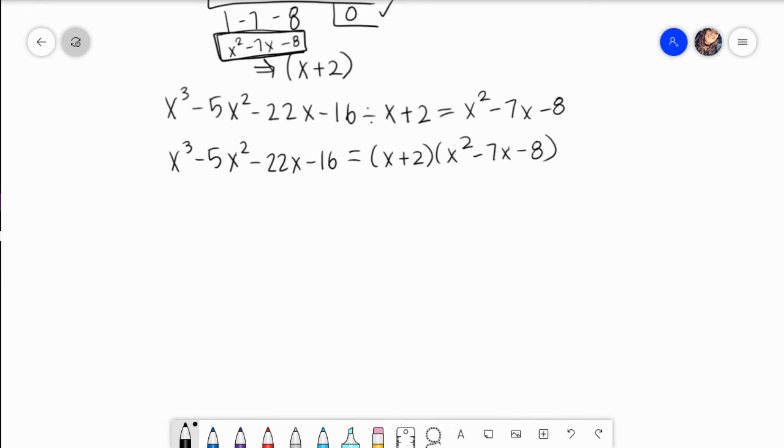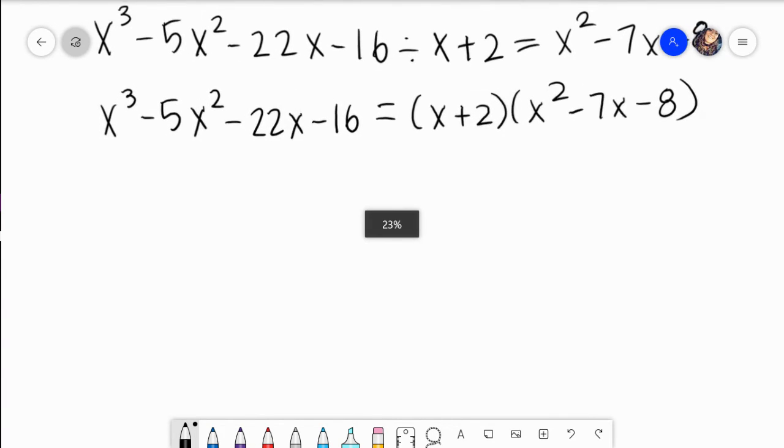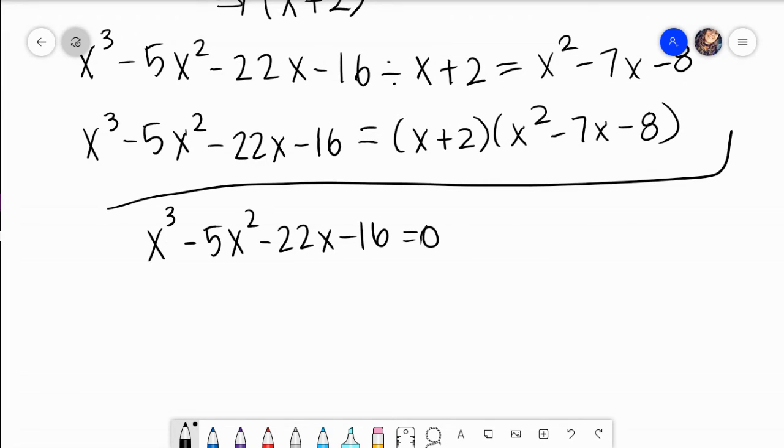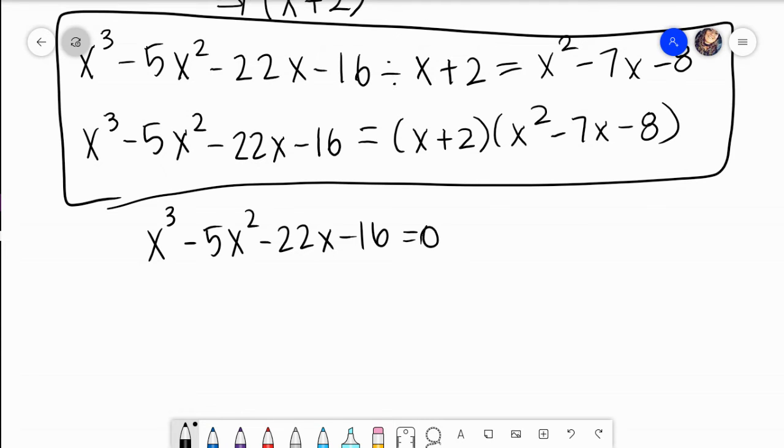So that's what I'm going to do. This is the problem: x cubed, -5x squared, -22x, -16 equals 0. The reason why I did this was literally just to solve this right here.